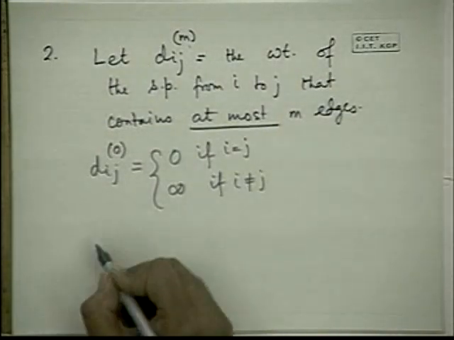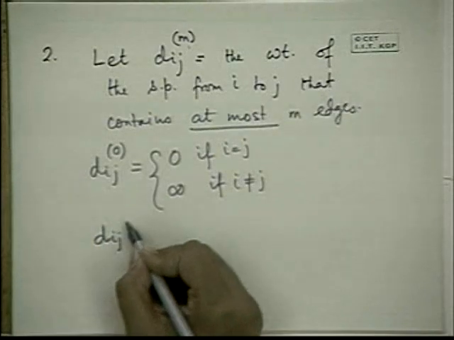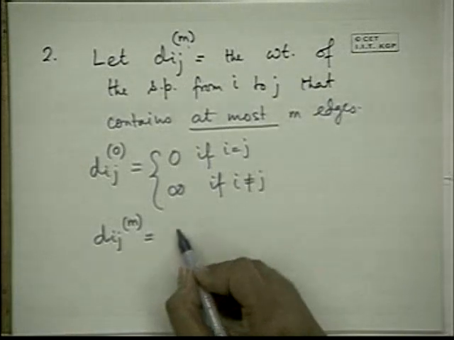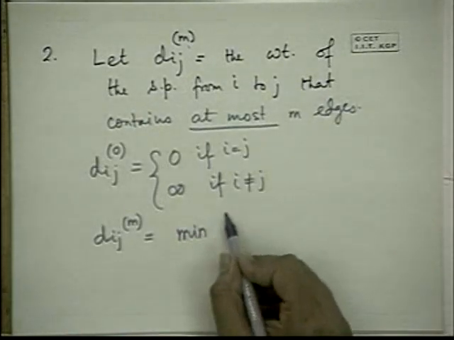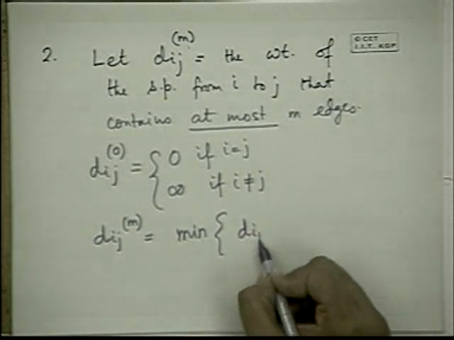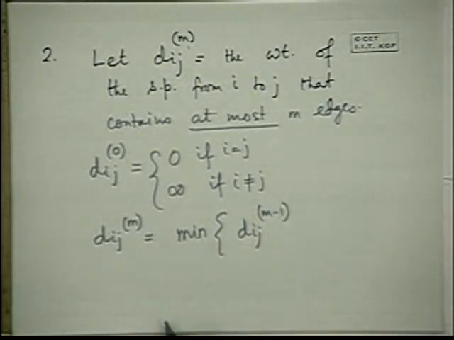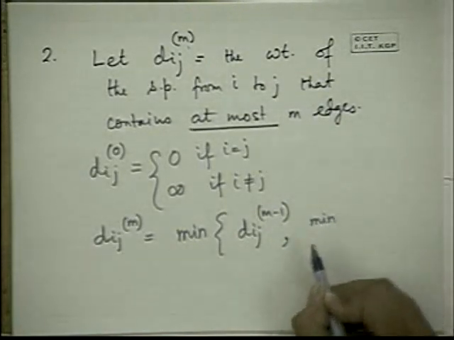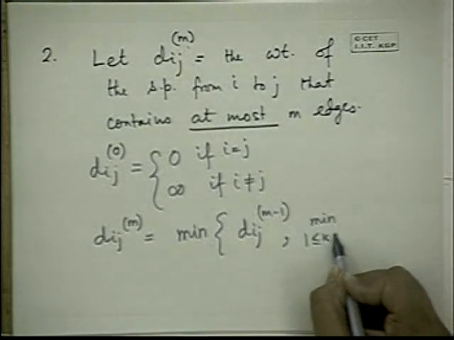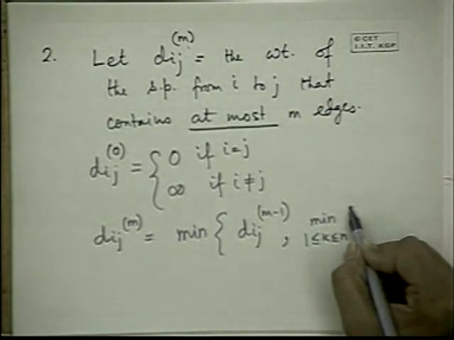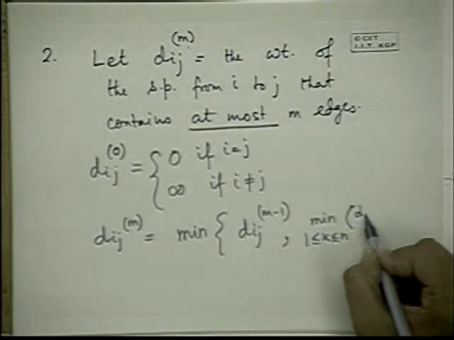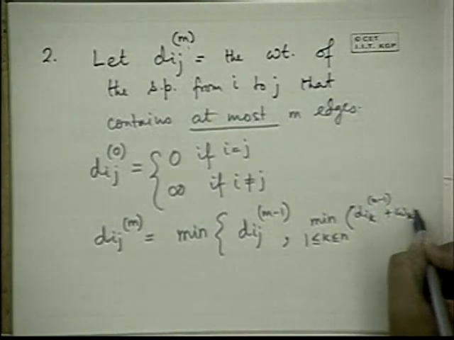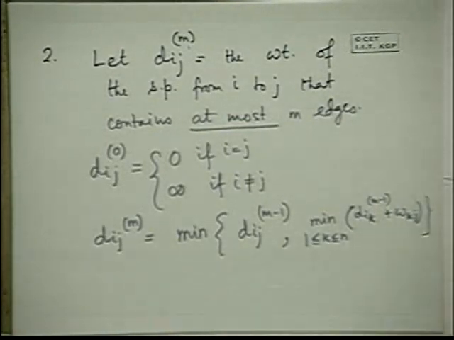Now comes the interesting part. D_ij superscript m, I can write as the minimum over this: either it is D_ij m minus 1, or it is another minimum over all k between 1 to n of D_ik m minus 1 plus w_kj.